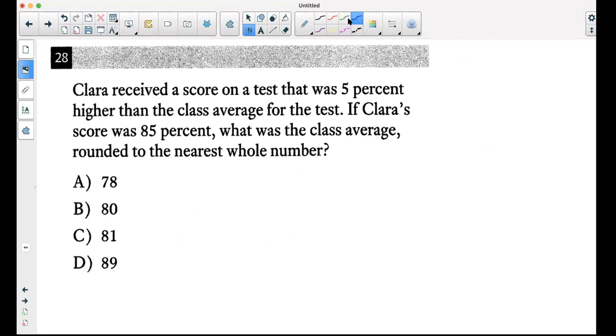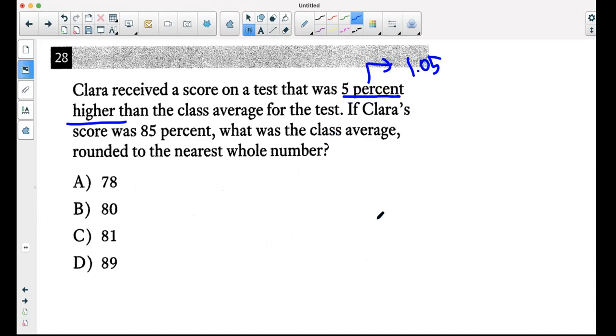Okay. So as soon as I see the 5% higher, I'm not sure if it's related or not, but I'm going to think about 1.05, because 5% higher means 105% in decimal form. Now, if Clara's score was 85%, then what was the class average rounded to the nearest whole number?